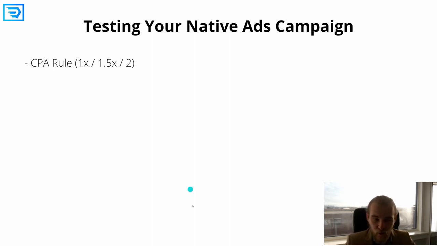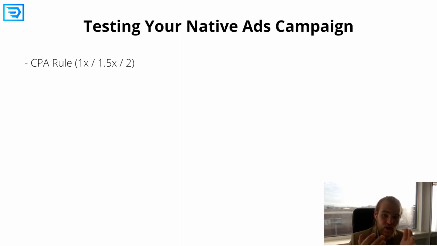So therefore, we have a CPA rule. And what that CPA rule can be, that is your decision to make. It can be 1 times CPA, 1.5 times CPA, or 2 times CPA. And how does that work? So basically, every placement of your campaign, you want to test until you've hit your CPA rule in loss, basically, right?